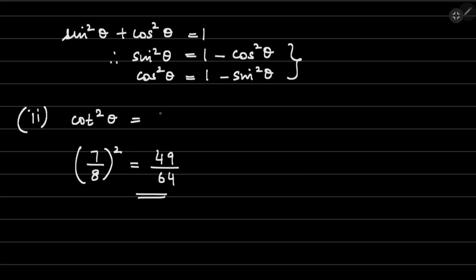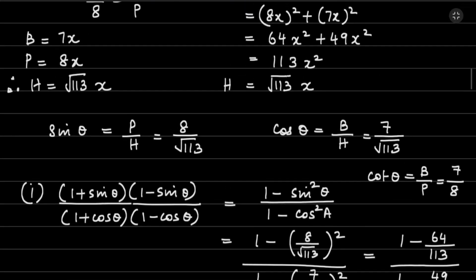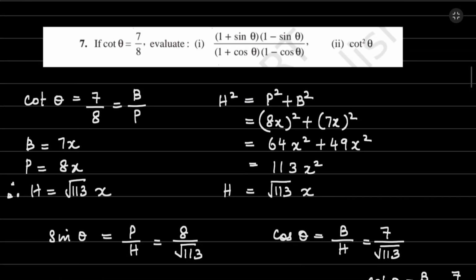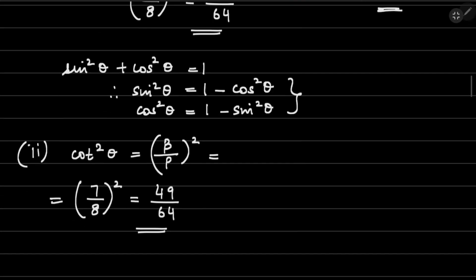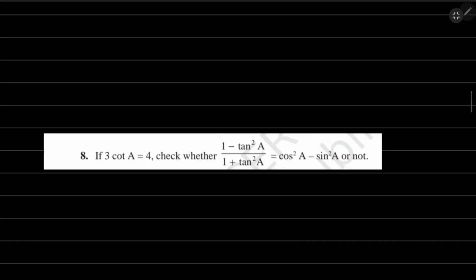Cot square theta is equal to your base by perpendicular the whole square. So in turn here, 7 by 8 the whole square. So this is the answer for the second one. Hope it's clear. They have asked this separately as a second question. Let's move on to the 8th question.